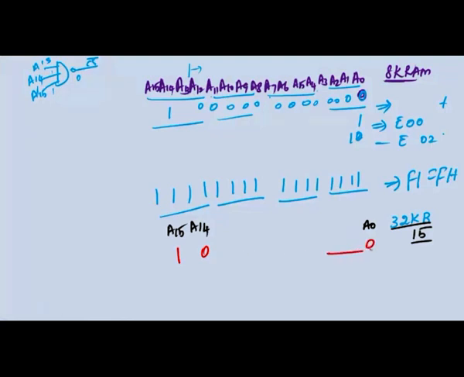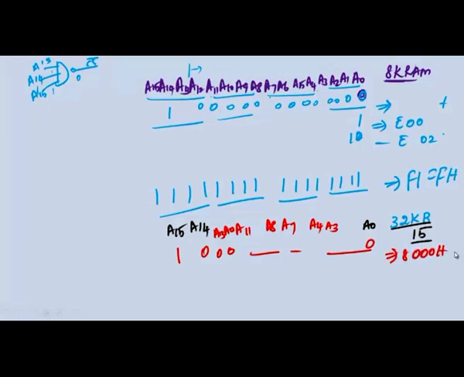First 4 bits A0 to A3, then A4 to A7, then A8 to A11, then A12, A13, A14. These are all 0, so I will get 8000H.